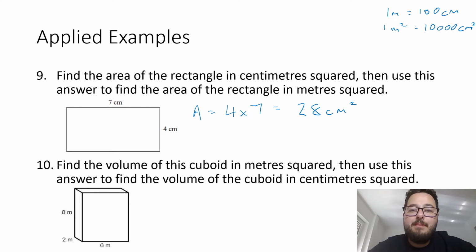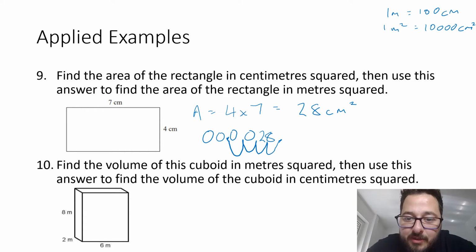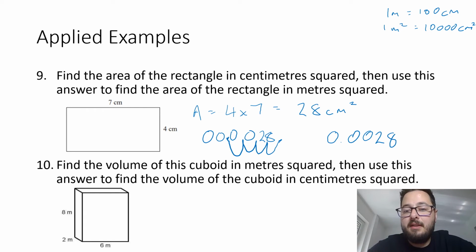So to go into meters squared, we want to divide by this 10,000. So 28, we've got a decimal there. Let's stick in another few zeros. 10,000 has got 4 zeros in it, so we want to move this 4 places. So 1, 2, 3, 4. So our answer is going to be 0.0028 meters squared.